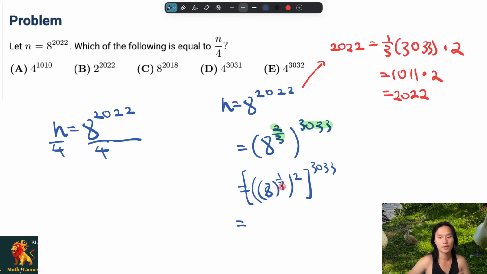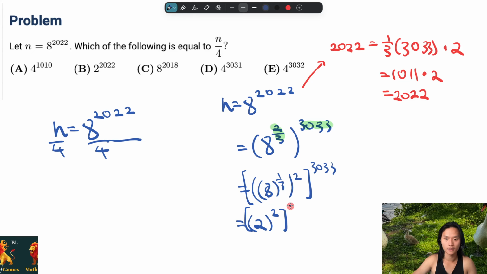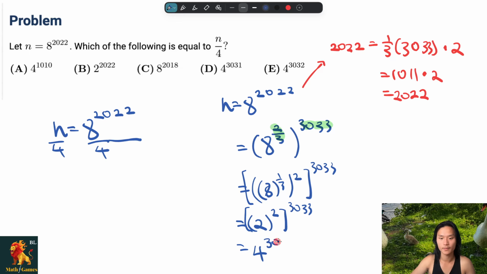So 8 cube root is 2, so we have 2 squared, and then 3033. So 2 squared is 4, so 4 raised to the power of 3033 is equivalent to 8 raised to the power of 2022.